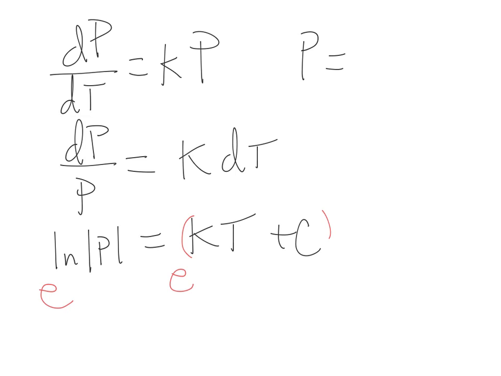And then what you've got to remember is e to the kt times e to the c is the same thing as this expression here, right? When you multiply like bases, you add exponents, and then as you've seen before, e to the c we'll just write as some initial value a.